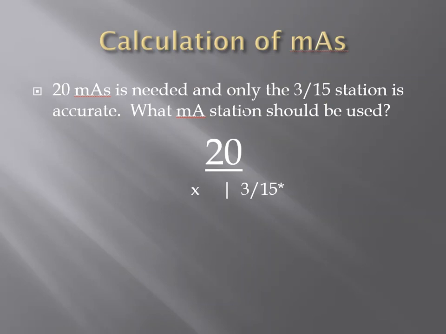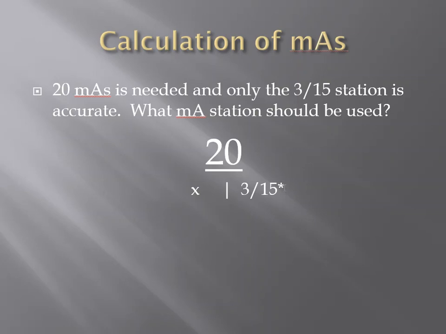20 mass is needed, and only the 3/15 station is accurate. First off, if you're using a 3/15 station, you're probably using a single-phase generator, probably full wave rectified, and you might not see those very often. Some of your doctor's offices may still have them, but most of your hospitals have long gone away from single-phase generators.